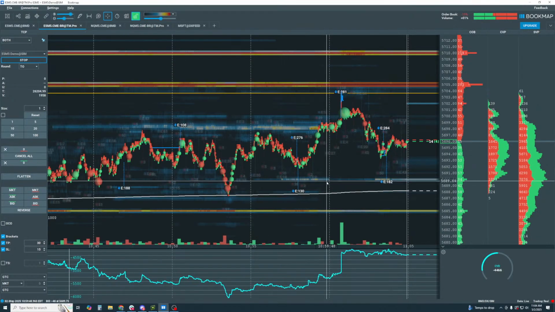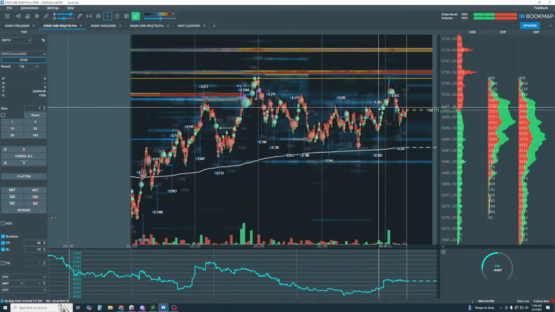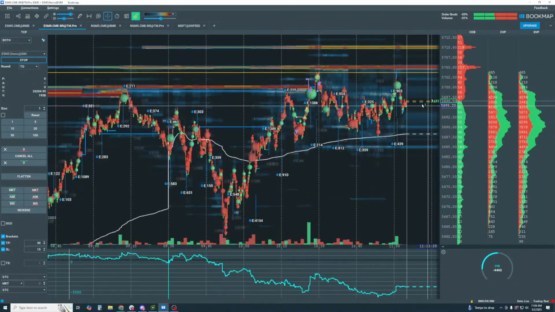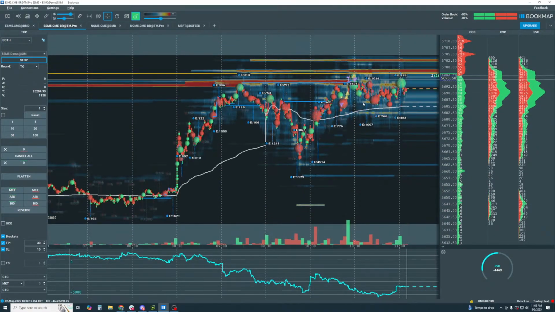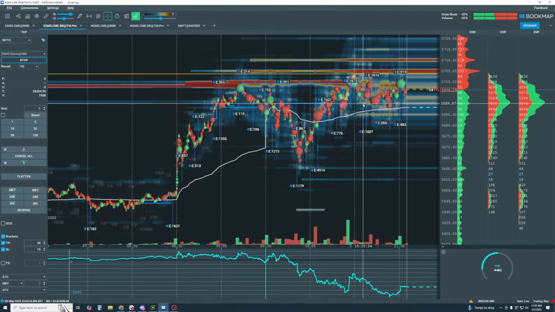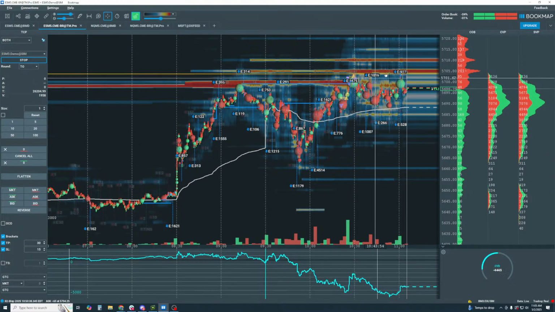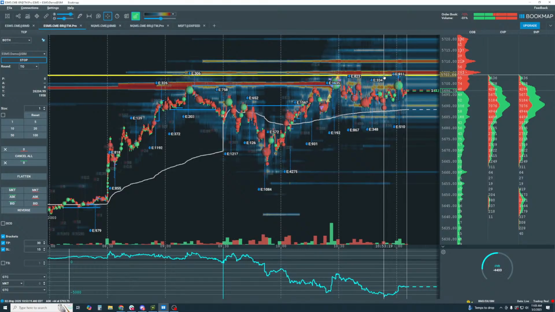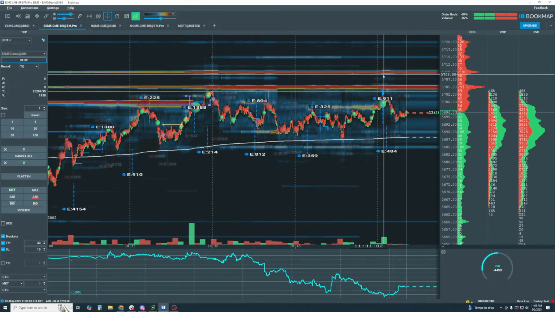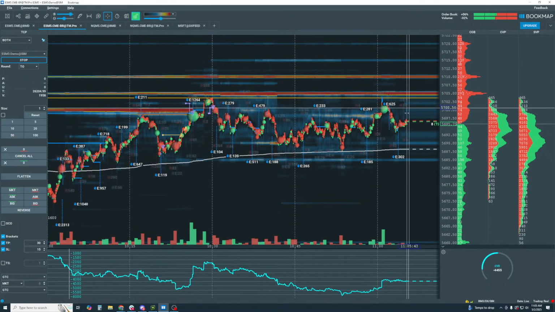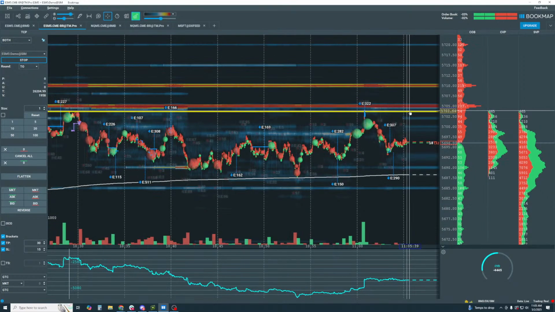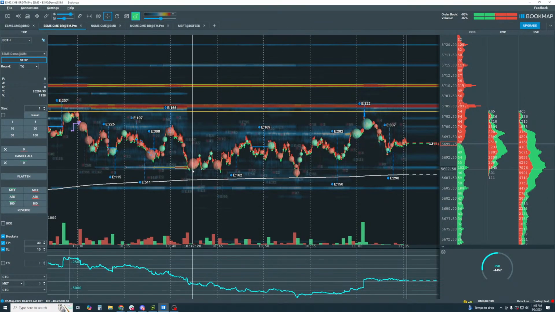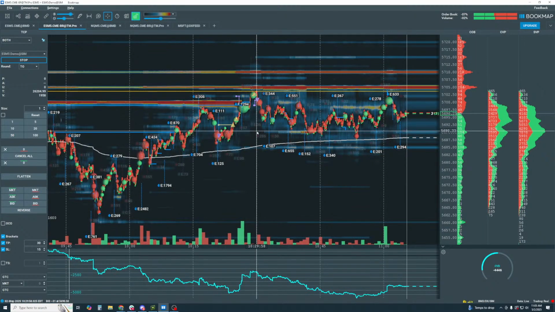Okay, let's jump over to that ES. You can see the ES, due to the volatility recently, has been behaving kind of like the NASDAQ typically does.